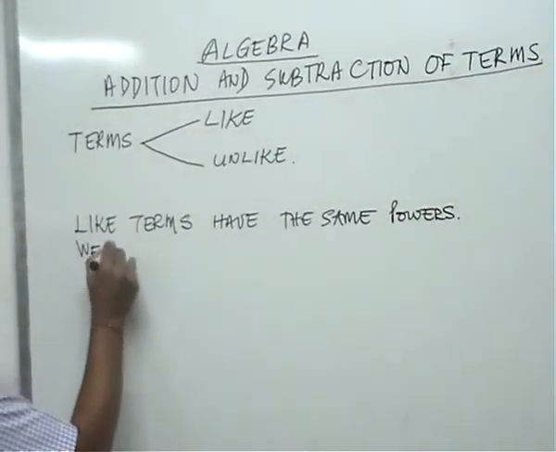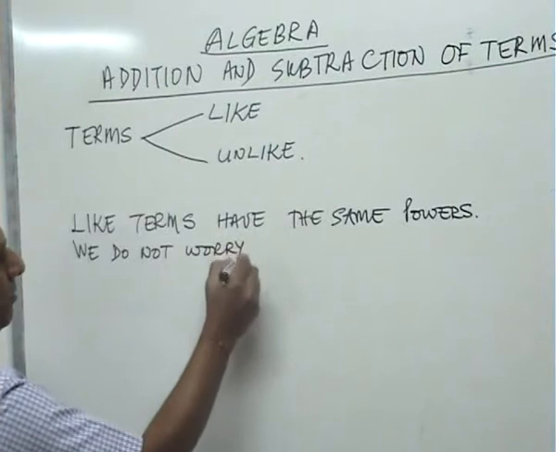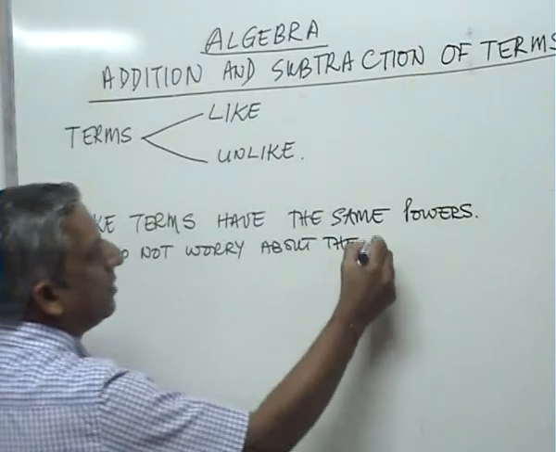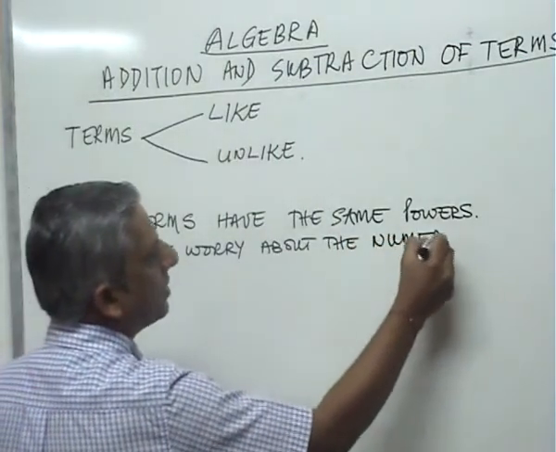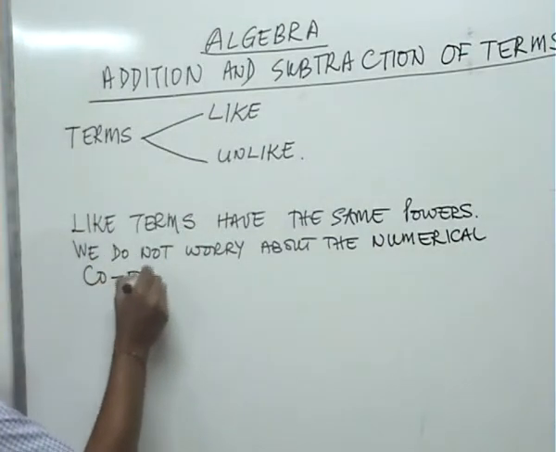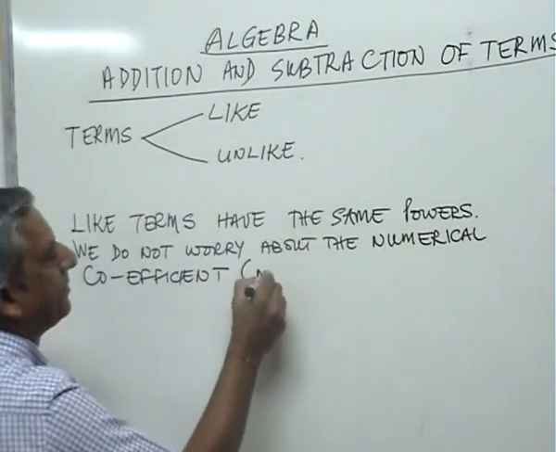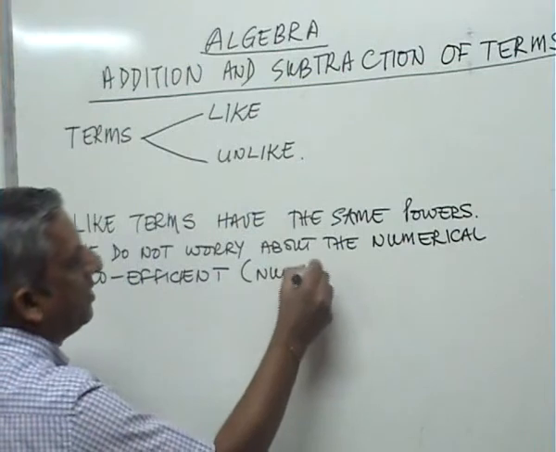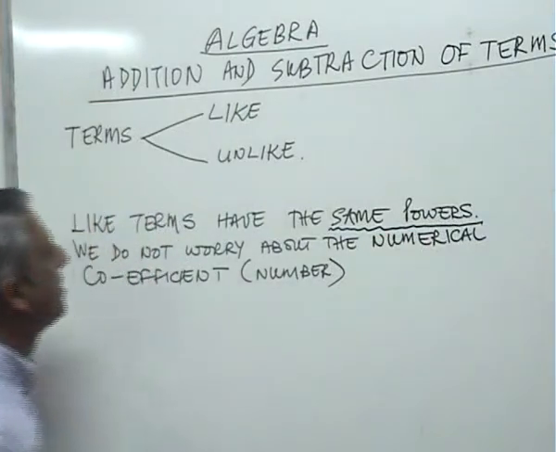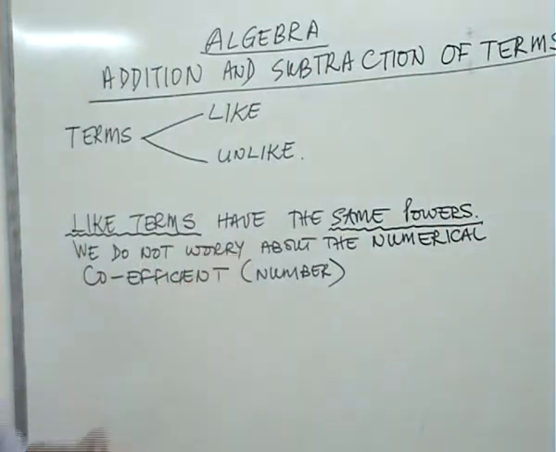We do not worry about the numerical coefficient. In other words, we do not worry about the number. We only worry about the powers. The powers must be the same. So, like terms have the same powers.